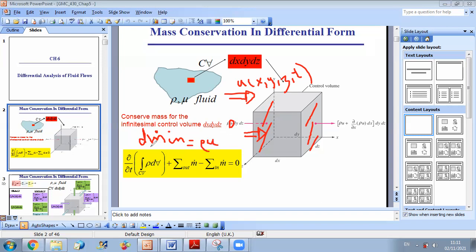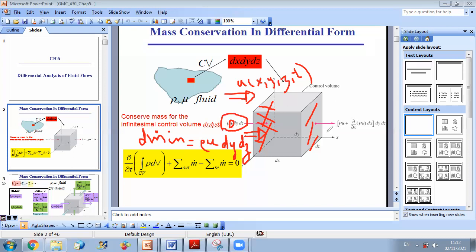You know that the expression of m dot is rho times velocity times area. Here, what is the area of the face? It is dy times dz. So the elementary mass flow rate coming in here is rho u dy dz.